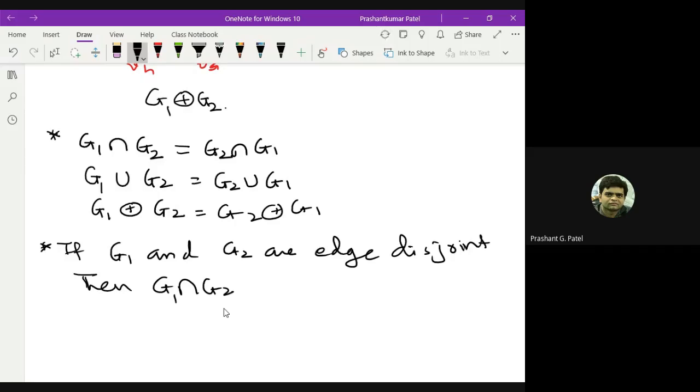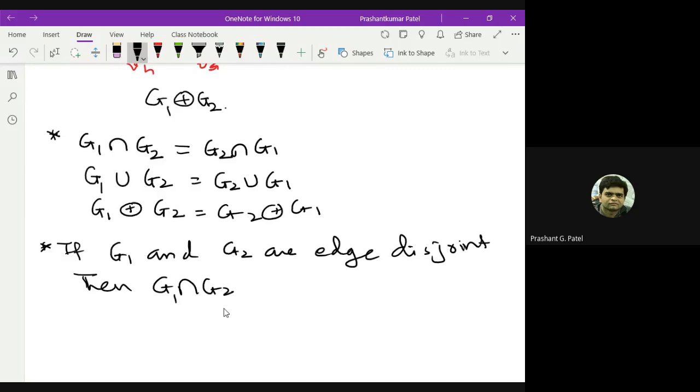What should be the graph G1 intersection G2? Edge disjoint. What do you mean by disjoint? There will be no common edges there. That is known as edge disjoint. So edge-wise they are disjoint.